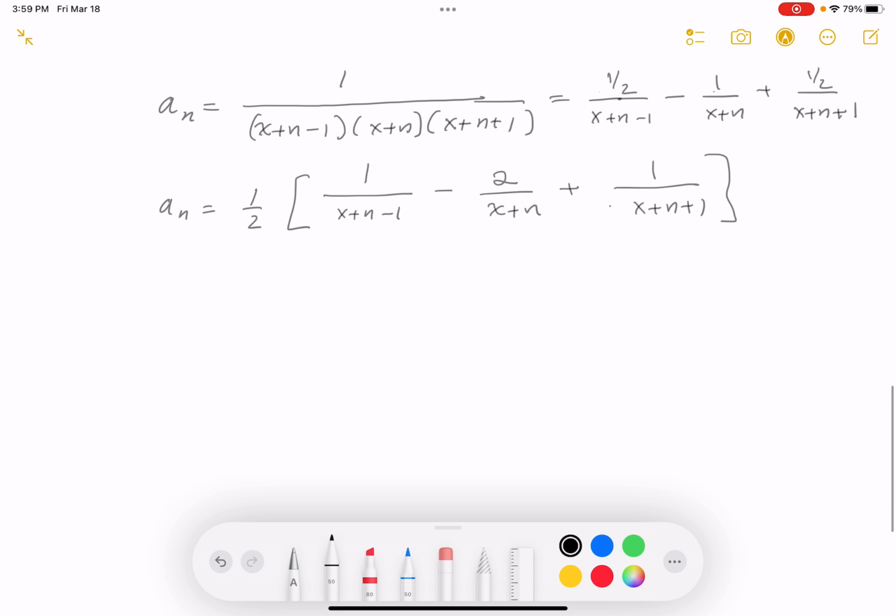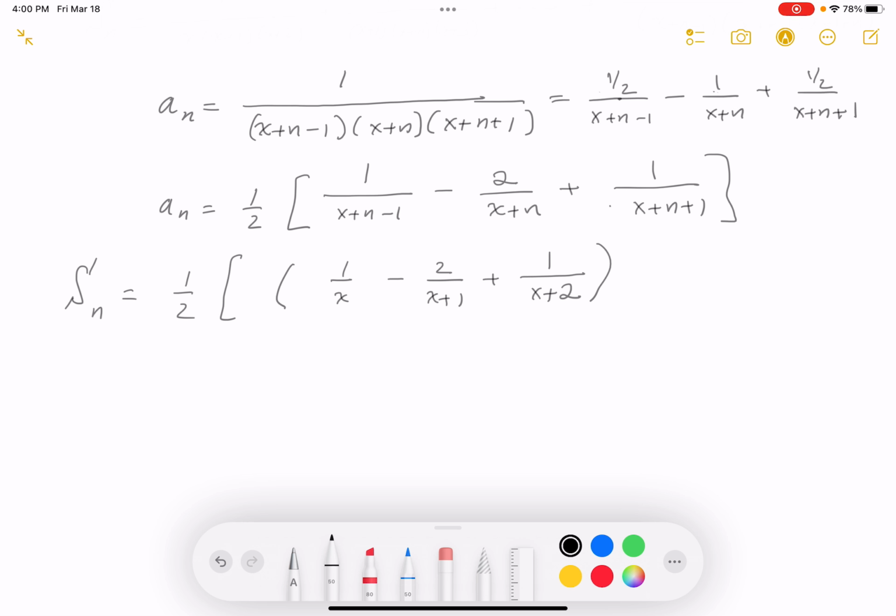All right, I got to write S_N down now. It's going to be a tough one, though. It's going to be 1/2. Let's write the terms down one at a time. And each term is going to have 3 terms in it. And we're starting with 1 over x, minus 2 over x plus 1, plus 1 over x plus 2.